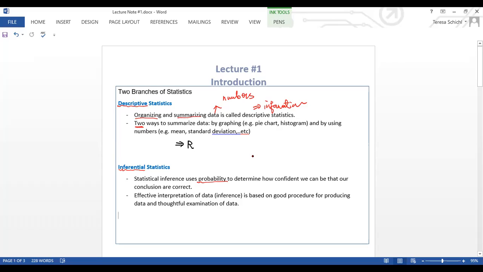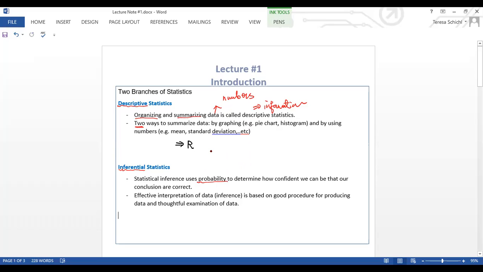So for example, I was wondering, for the Dallas area, let's say a private university, when we accept new students into the university, what are their average GPAs from high school?